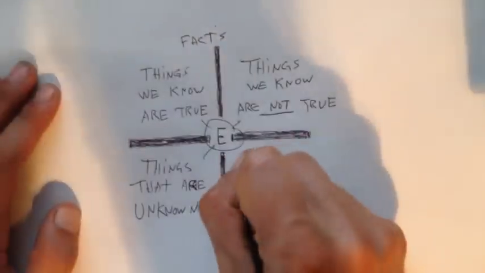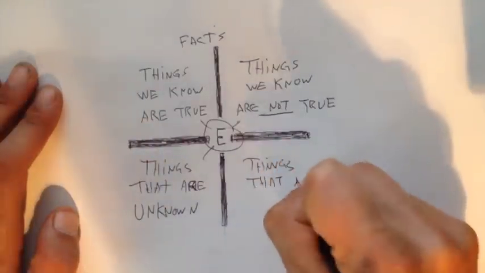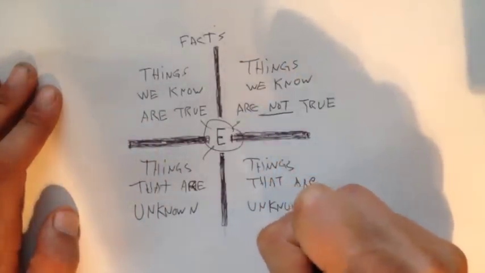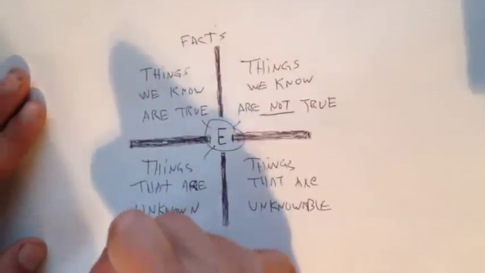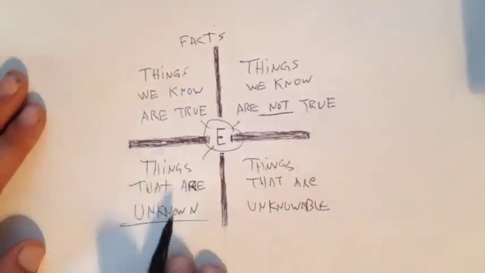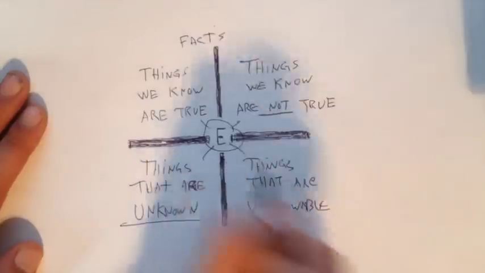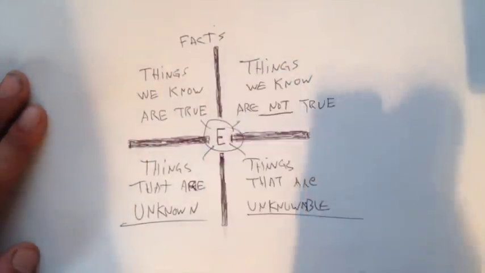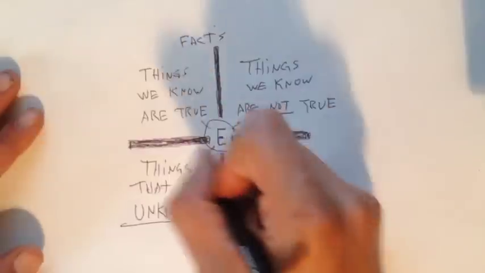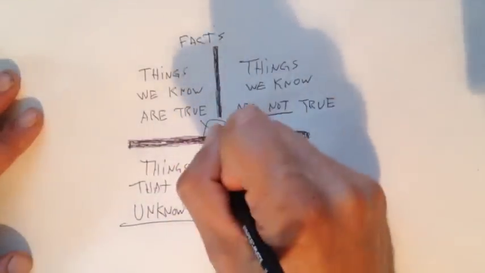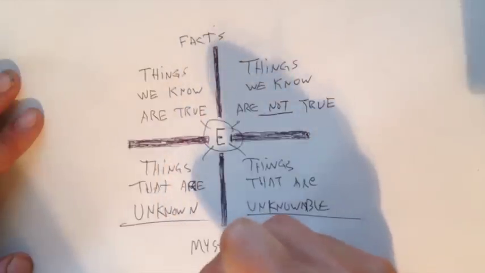And then there are things that are unknowable. These are things that we have not yet measured, and things that are unmeasurable. All this has to do with different measurements, right? And so down here we have mystery.